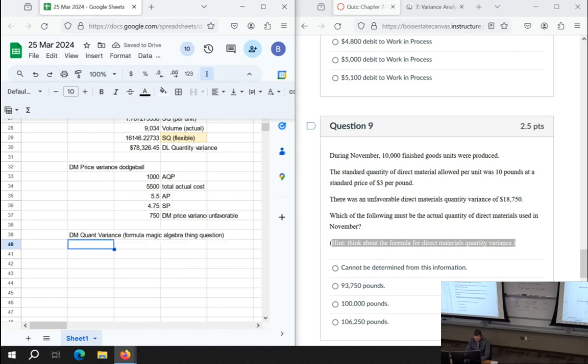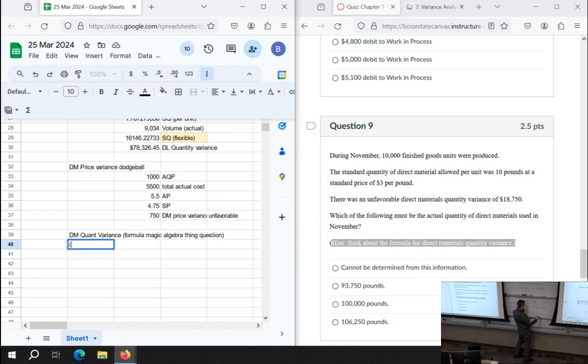So what is the equation? We have direct materials quantity variance: AQU times SP minus SQ times SP, so the quasi-budget minus the flex budget.